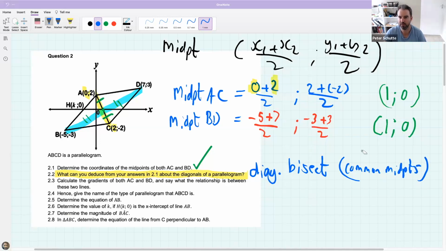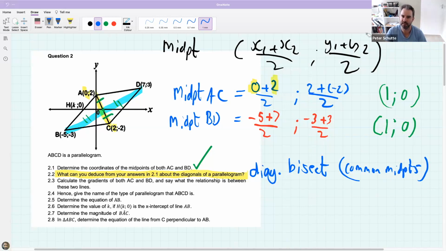Because you have a common midpoint, it doesn't mean that the diagonals are an equal length, because you can clearly see the blue one is much longer than the yellow one, but that the diagonals cut each other in half. A lot of students don't understand that they don't have to be equal, but they cut each other in half.